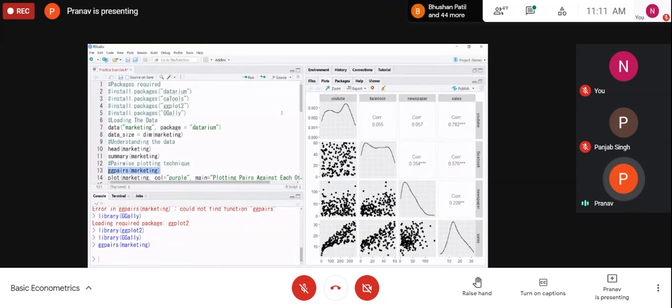So everything we got by head and summary function. The next thing that we want to understand is, once we have this data frame in front of us, we want to plot these data sets.